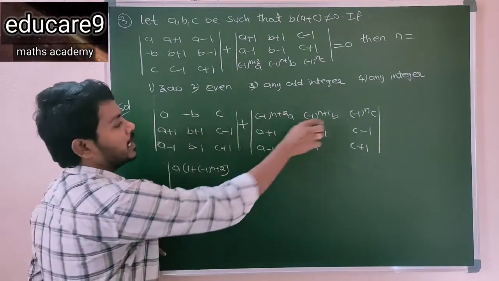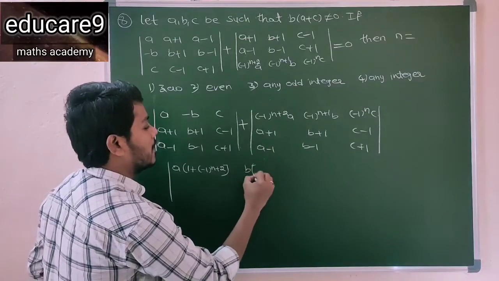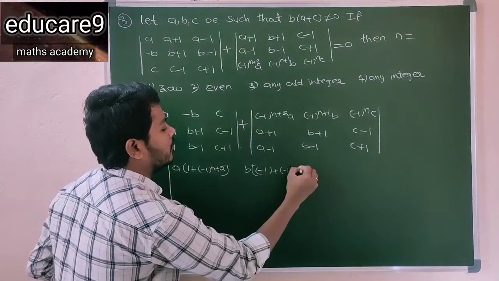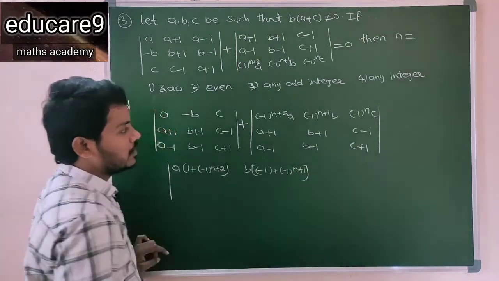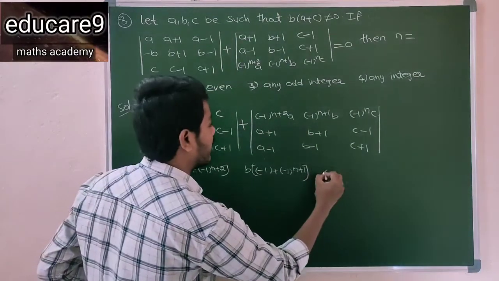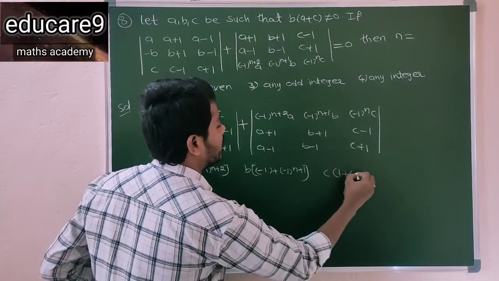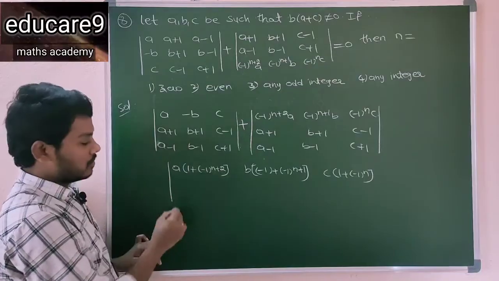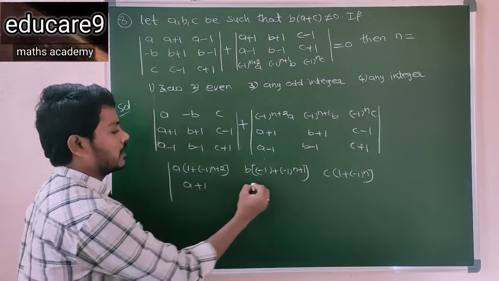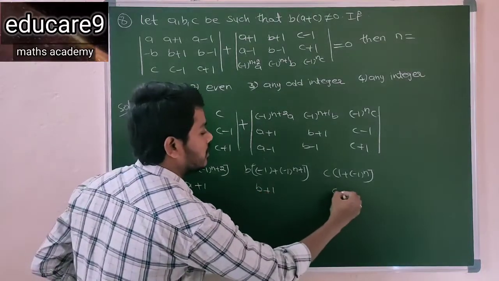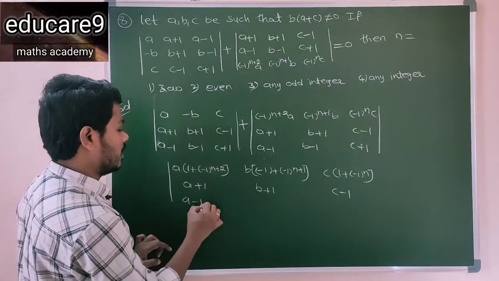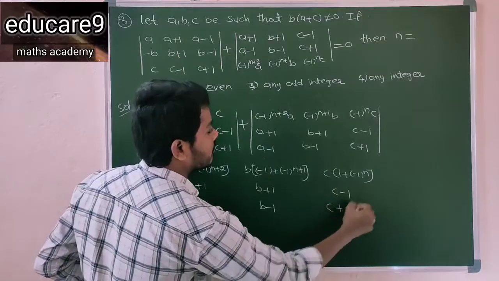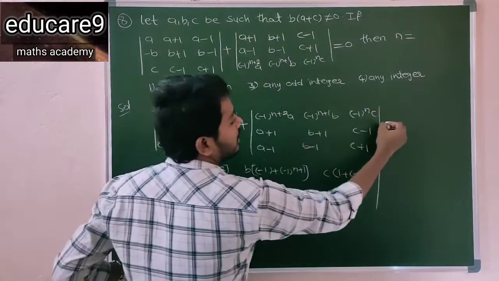Next b common, you will get minus 1 plus minus 1 to the power of n plus 1. Next last one, c common, you will get 1 plus minus 1 to the power of n. Next is a plus 1, b plus 1, c minus 1, next a minus 1, b minus 1, c plus 1. But this is given equals to 0.